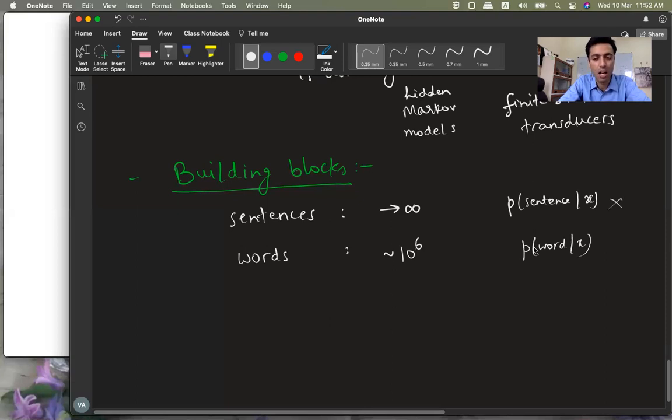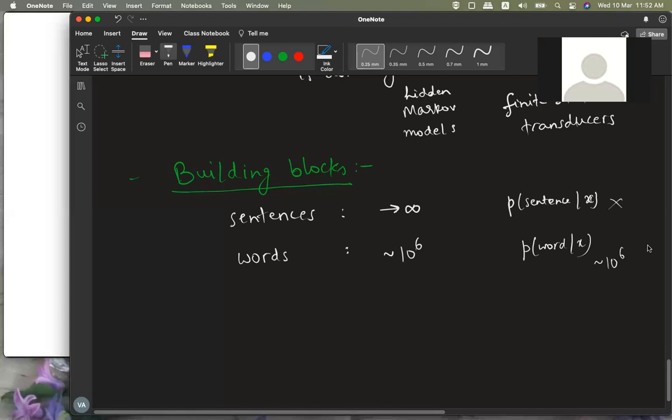Categorical distribution. How many parameters will be there? Of the order of 10 to the power 6, right? Total number of words minus 1.